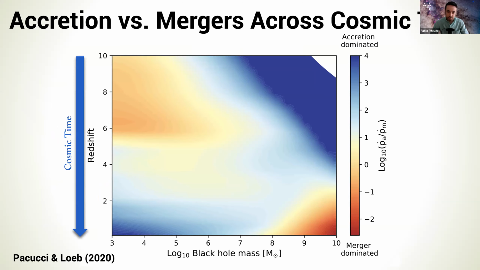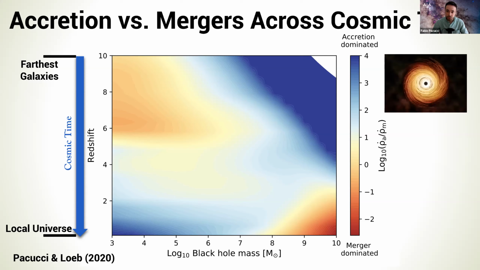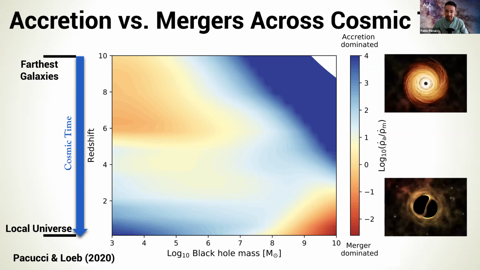So we go from the local universe, redshift 0, to redshift 10, approximately the redshift of the farthest galaxies observed so far. Wherever you see blue in this plot, it means that accretion is dominant, so mass added via accretion is dominant over mass added via mergers. Instead, wherever you see red, the opposite is true.